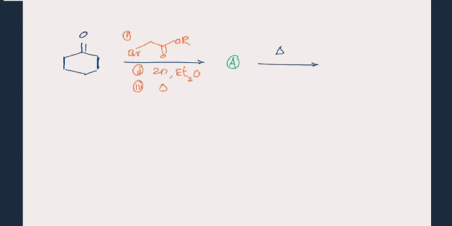And later on, I'm going to react with a reagent in the second step, that is called DIBAL-H, at the specific condition given, that is low temperature, in the presence of THF. Now you will get B.